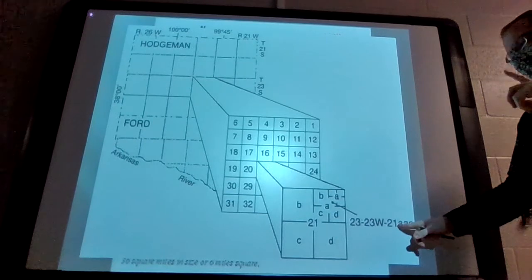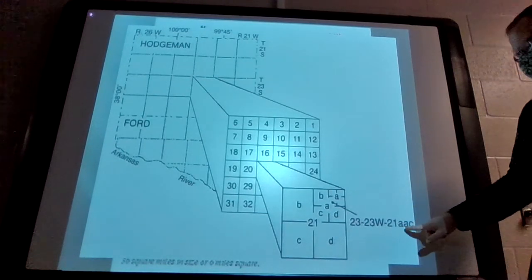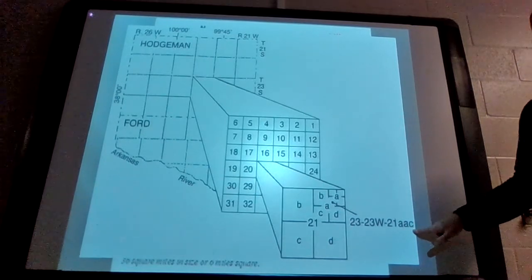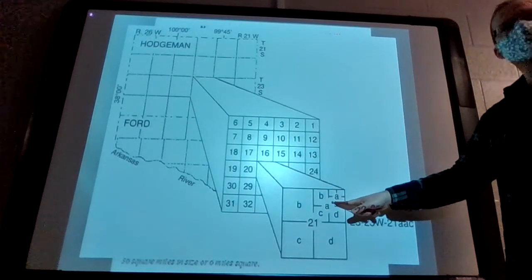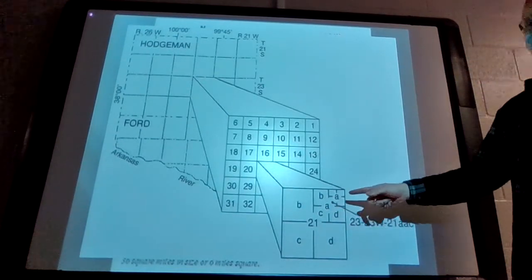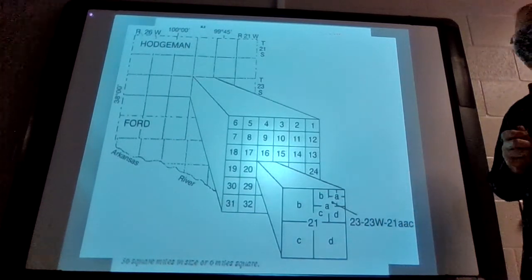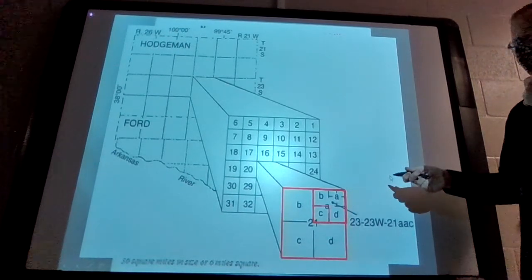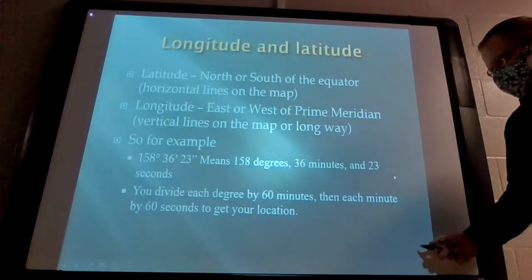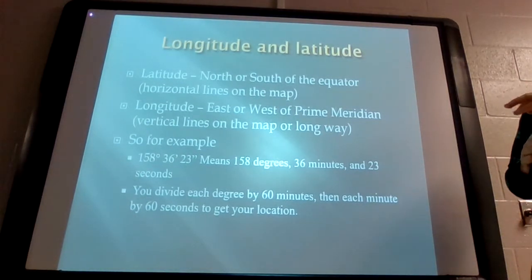And so if we were using directions, this would be northeast, and then what? Southwest inside that block. So you're in the northeast block of 21. You're in the northeast block of that northeast block, and then the southeast block of that second northeast block or southwest block. And so, yes, it gets very confusing very quickly. And I remember the lab being a little bit frustrating, but also fun to do. So we'll see how this works out.